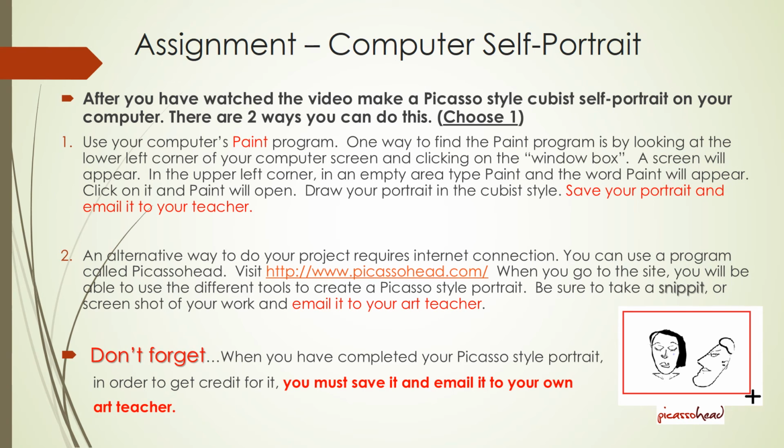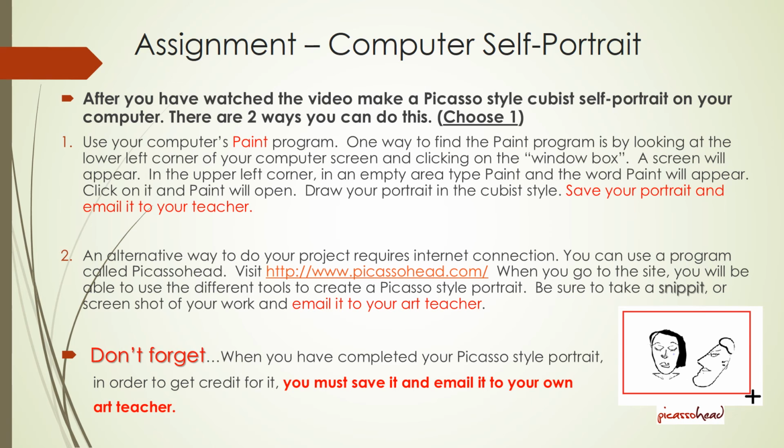Now for your assignment, a computer self-portrait. After you have watched the video, make a Picasso-style cubist self-portrait on your computer. There are two ways you can do this. Choose one. Use your computer's paint program.